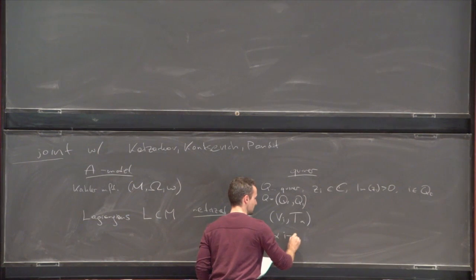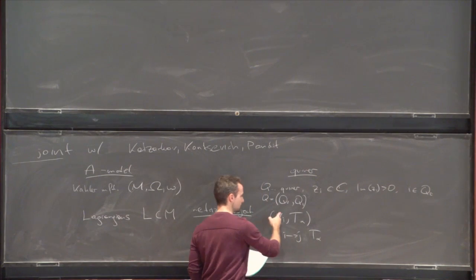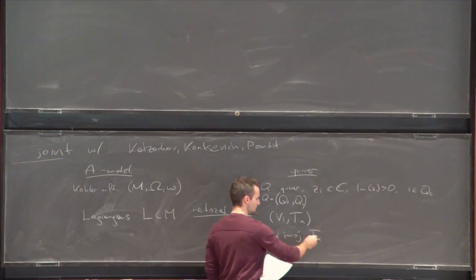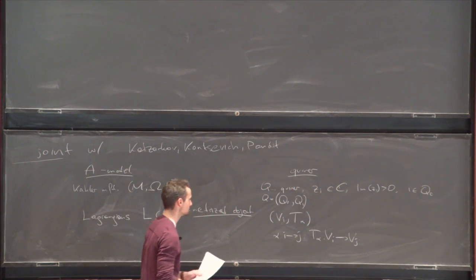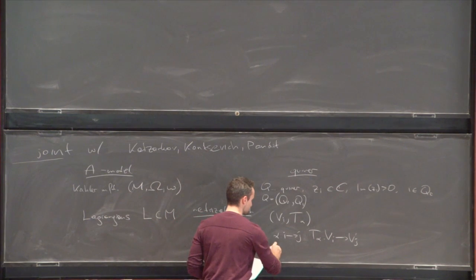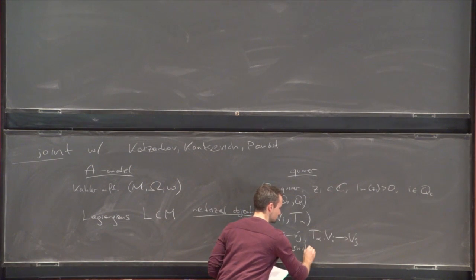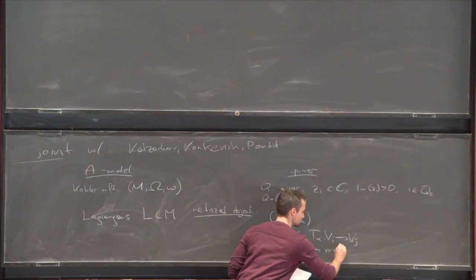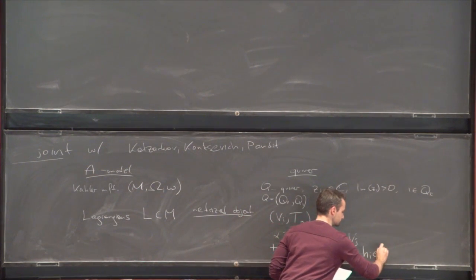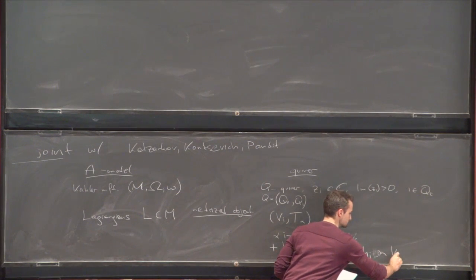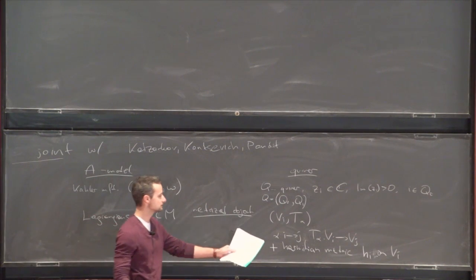If alpha is an arrow from i to j, then a representation of that quiver has a bunch of vector spaces, one for each vertex, and maps from V_i to V_j for an arrow from i to j. Plus, the whole thing should be metrized, so I have a Hermitian metric on each V_i.